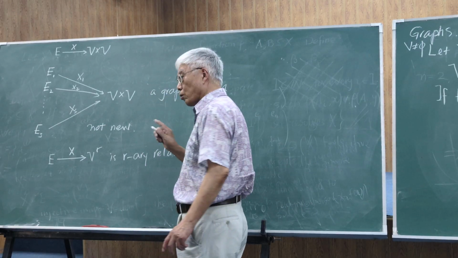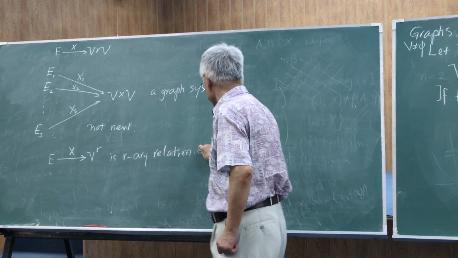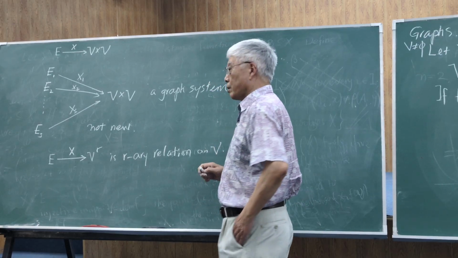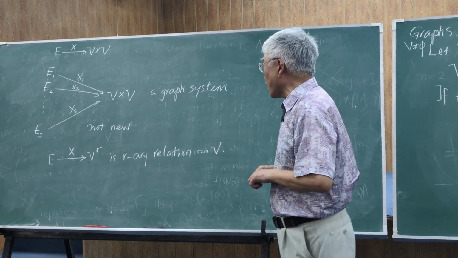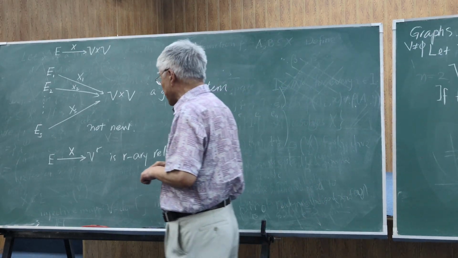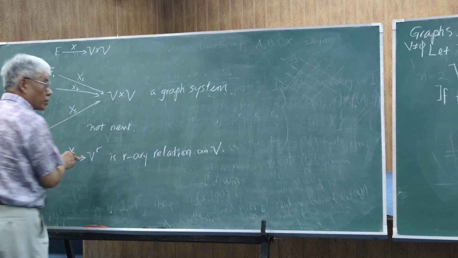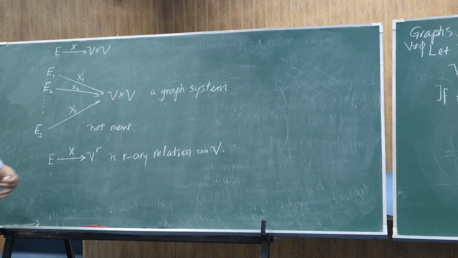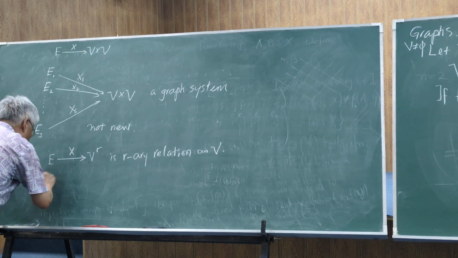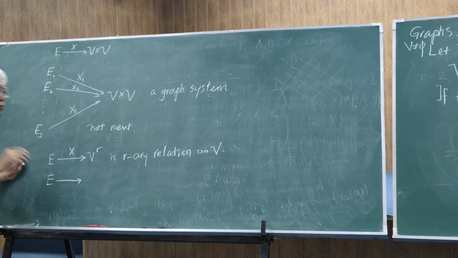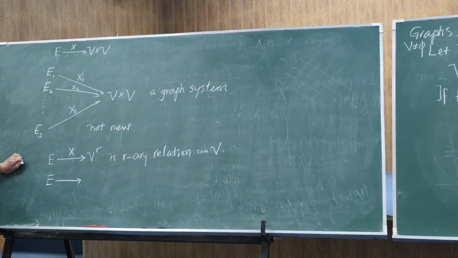We are always inside this in mathematics. R-ary relation on V, and now you can generalize it slightly more. Instead of taking just one r, we take a union of r from 1 to m. See how beautifully it is giving us so easily major new concepts, and much more complicated concepts, like all those set system books and hypergraphs.